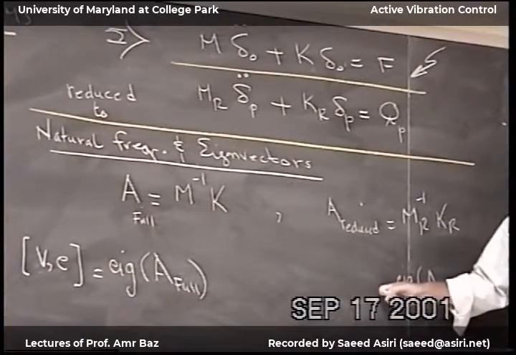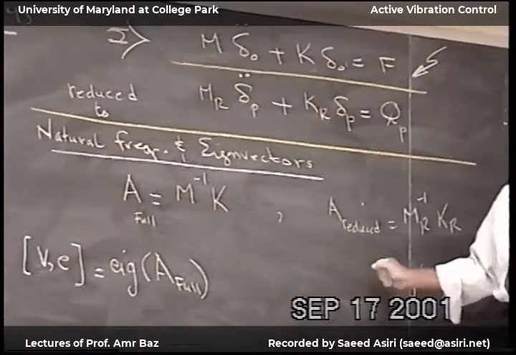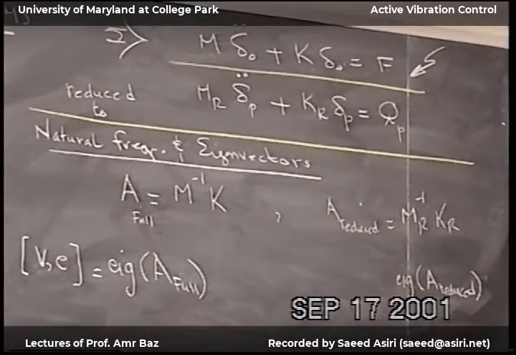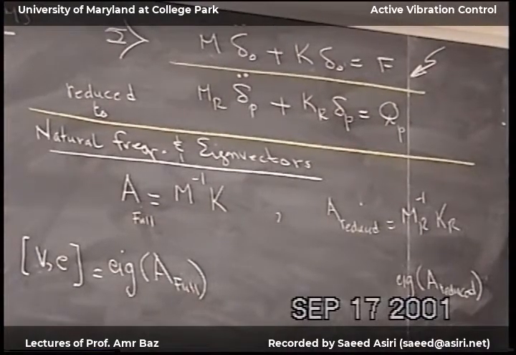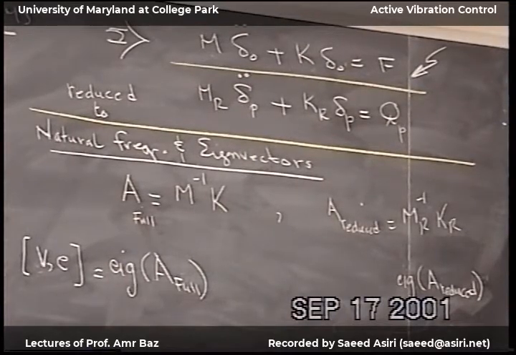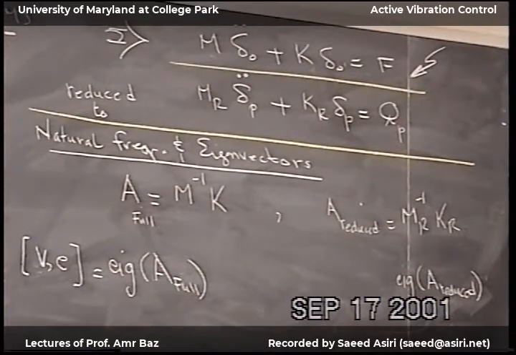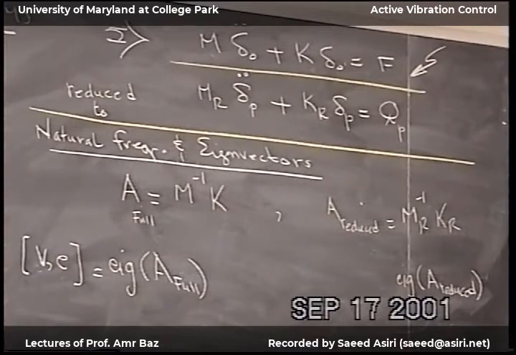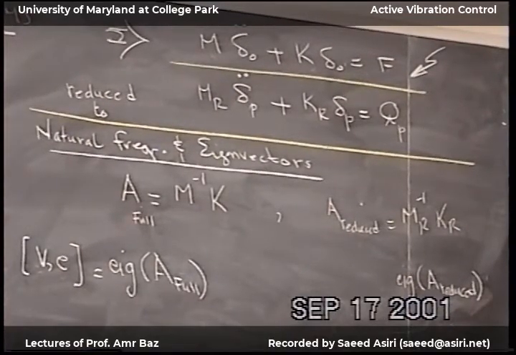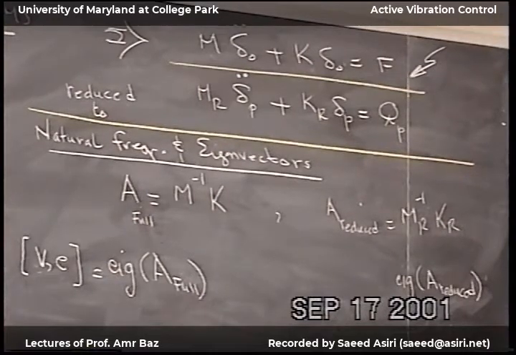The vector 2 by 2, I can take it and bring it here. This is 2 by 2. This is 4 by 2. So I reconstruct the 4 by 1 eigenvector or the 4 by 4 eigenvector. So from the reduced eigenvector, I can reconstruct the entire mode shape of the structure. Okay, we'll do an example on this.